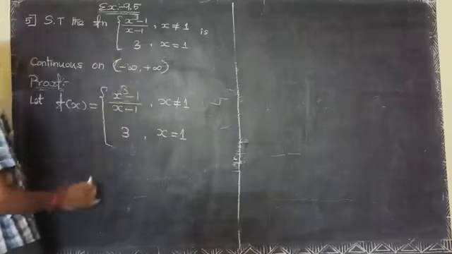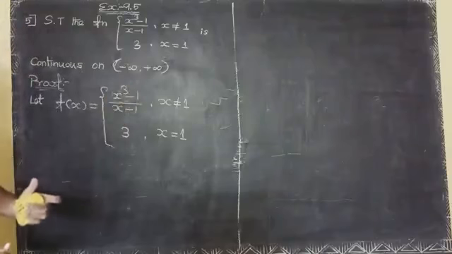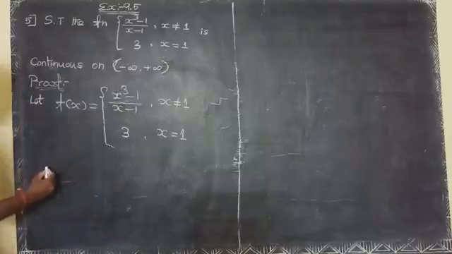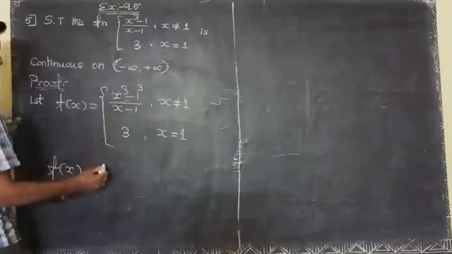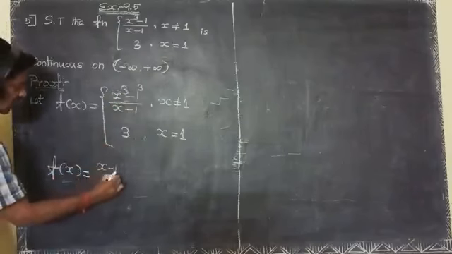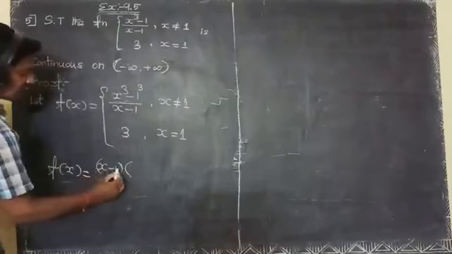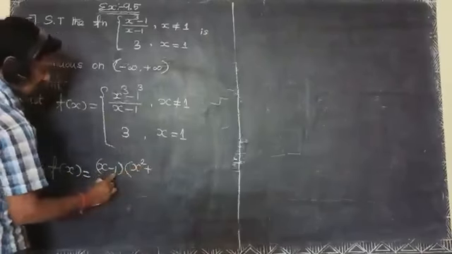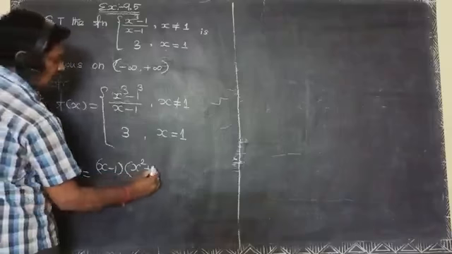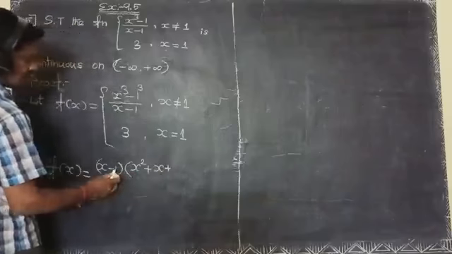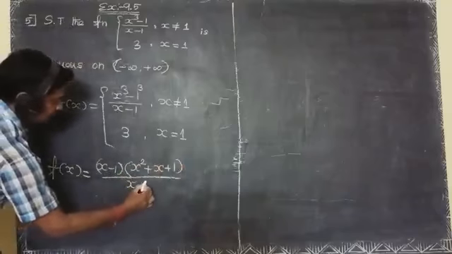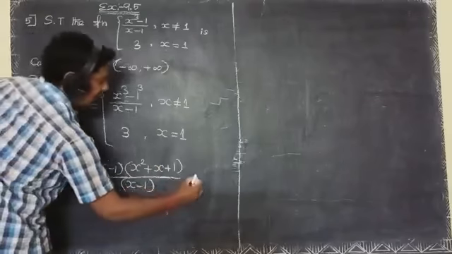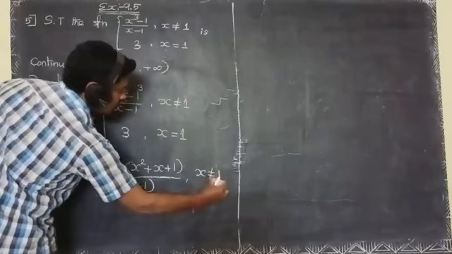Therefore, the given function can be rewritten in modified form. Using the form a cube minus b cube, that is x cube minus 1 cube equals x minus 1 into x square plus x plus 1, divided by x minus 1, if x not equal to 1.